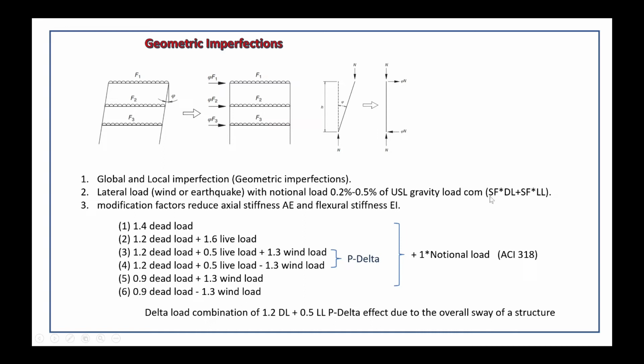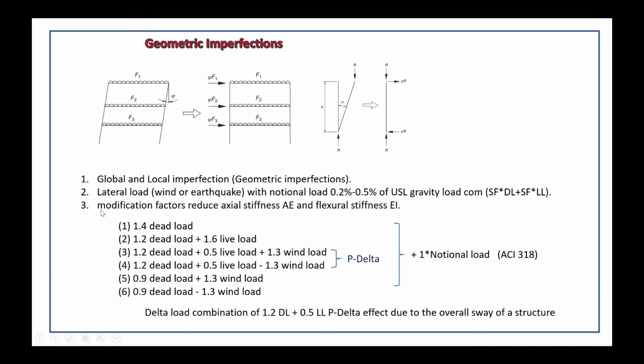Okay, this is the load for the first floor. After you calculate the load on the first floor, you can apply it, and for the second floor you can use the summation of the load on the second floor, multiply with 0.2 or 0.5 and apply it at the node of the second floor, like this picture.